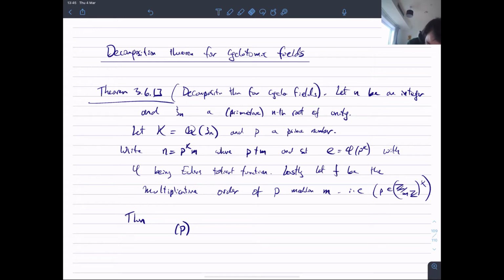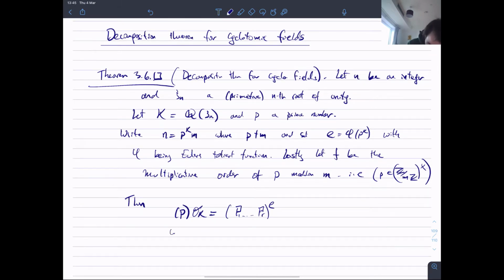looks like (P_1 ⋯ P_r)^e, where e is going to be the ramification degree for any P_i, and f, this number that I defined to be the multiplicative order of p, is going to be the common residue degree.